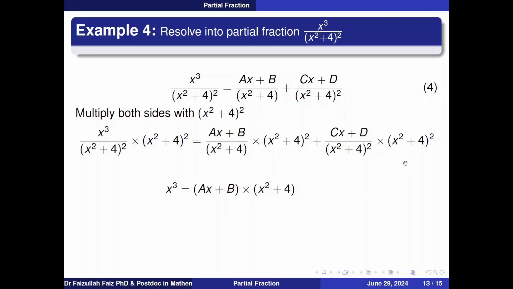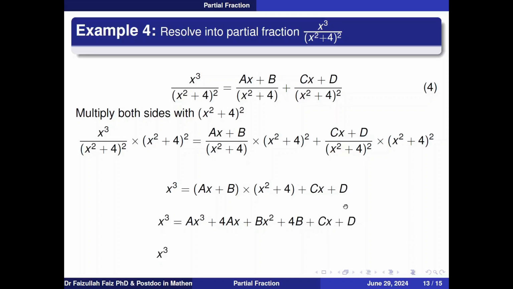From the second term, x square plus 4 whole square will cancel and we get cx plus d. Next we multiply ax with x square and then with 4. Then multiply b with x square and then with 4. And finally write cx plus d.